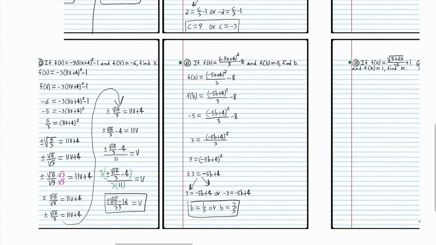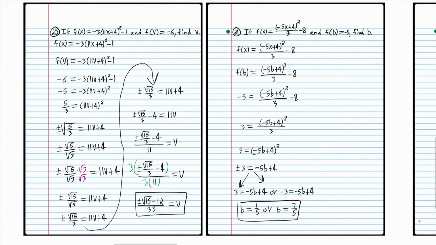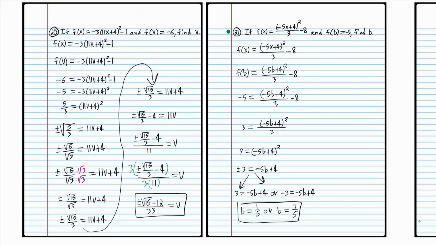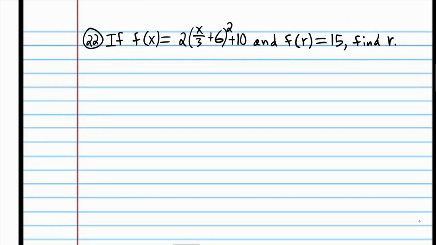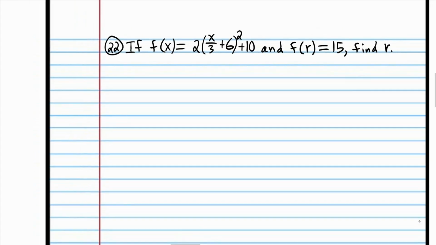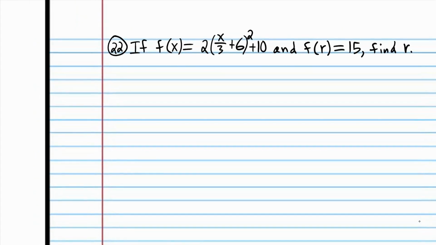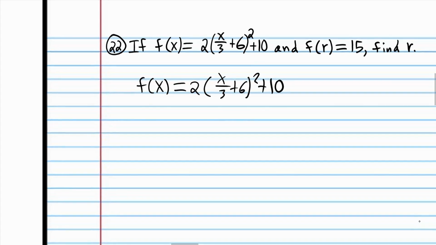Okay, so you can take a picture of these problems if you want to, and I want you to try number 22, and when you come back we'll do it together. Alright, we're back. So we're told that f of x is equal to that expression there, but again, you don't have to write what f of x is equal to.